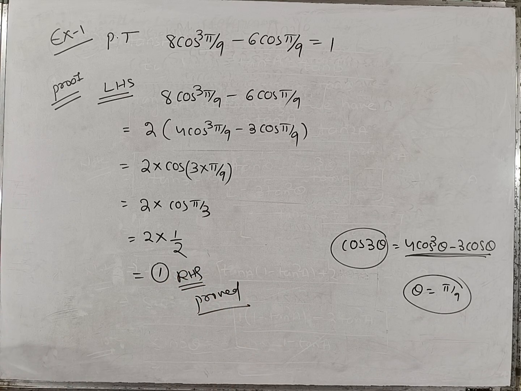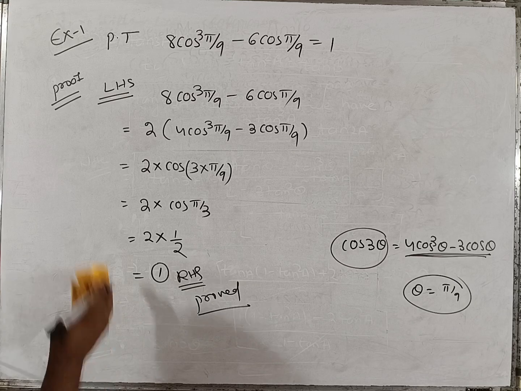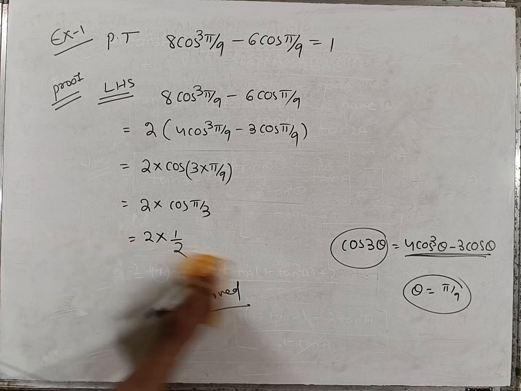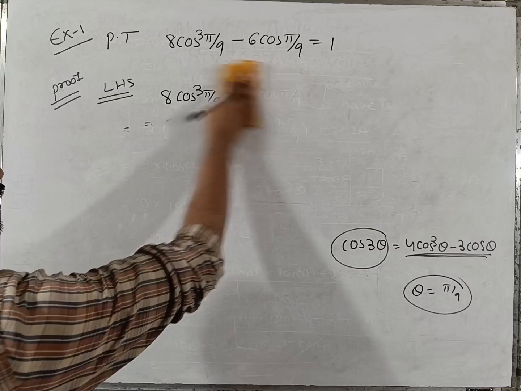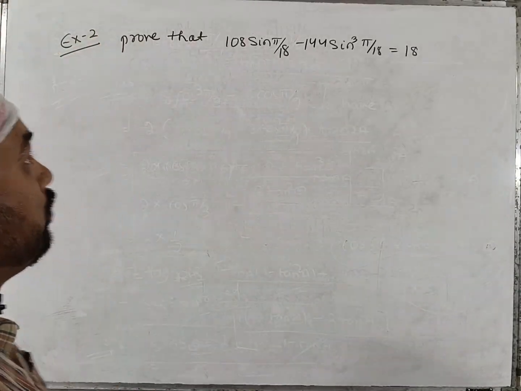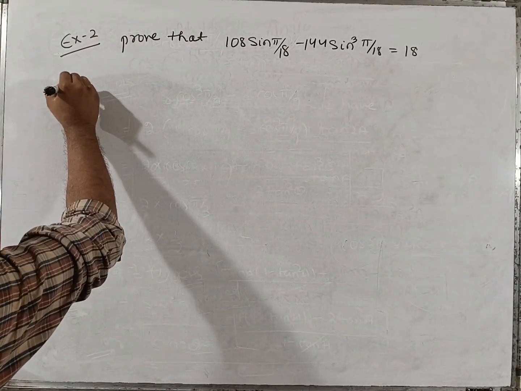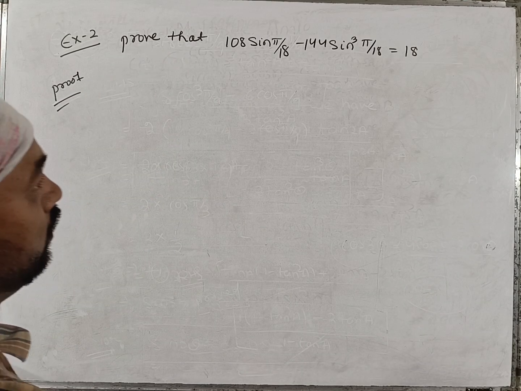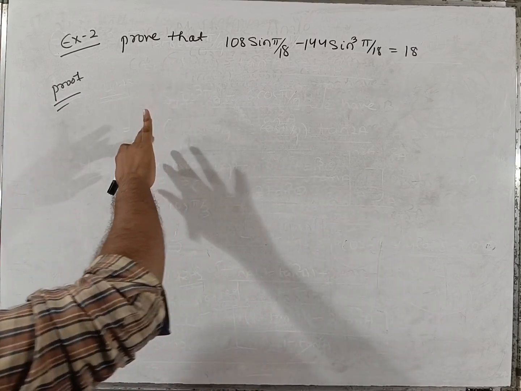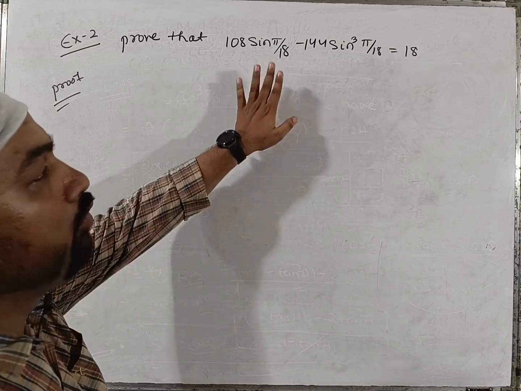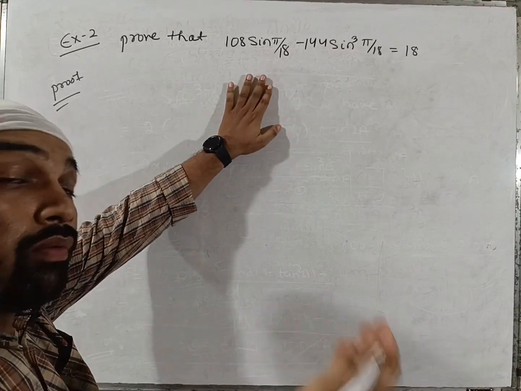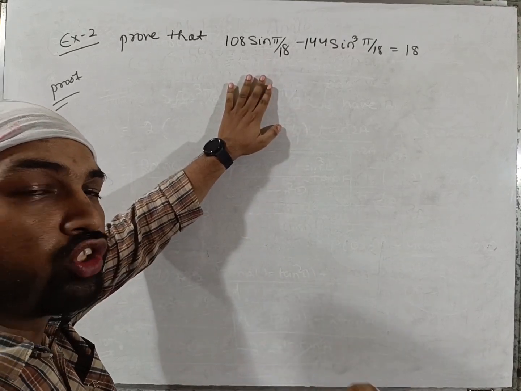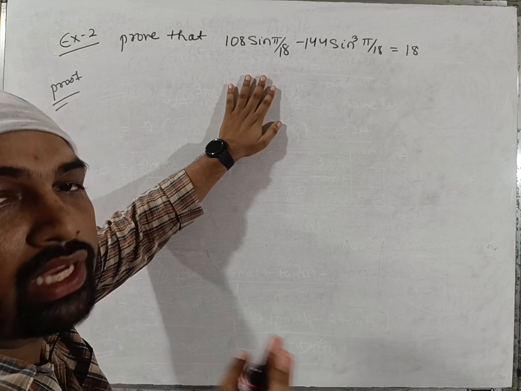Then let us go through example number 2. Here is problem number 2. It is almost similar to problem number 1. Problem number 1 was in the form of cos 3 theta, and now it is in the form of sin 3 theta.